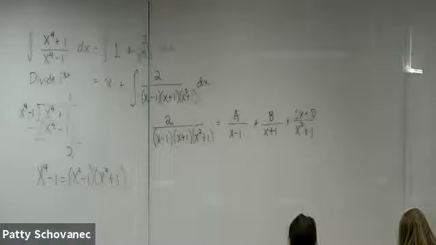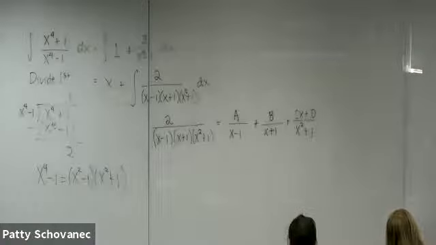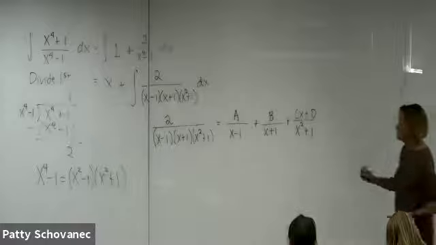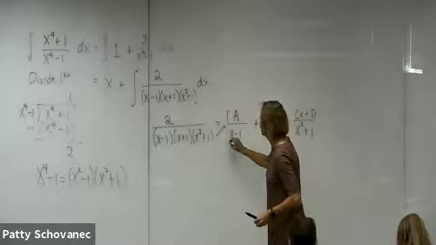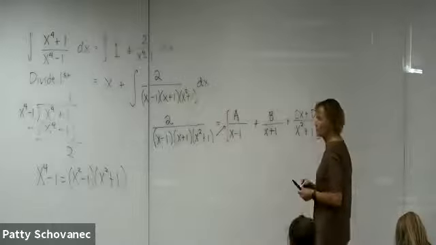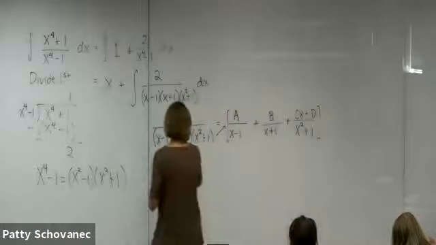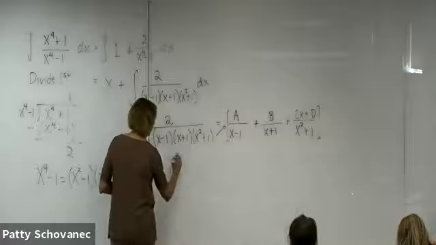First thing we do is get the equations by multiplying both sides by that denominator, leaving us with the 2 over here.